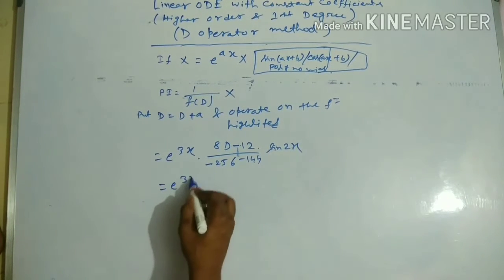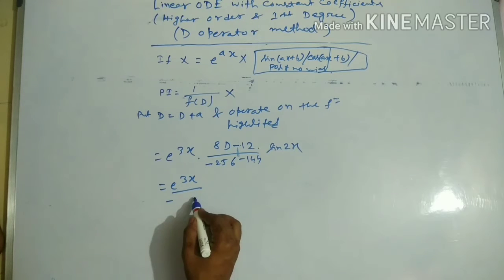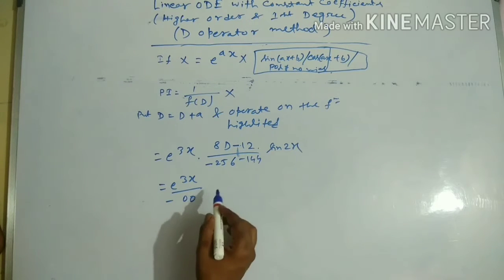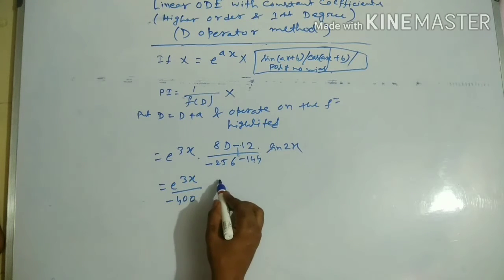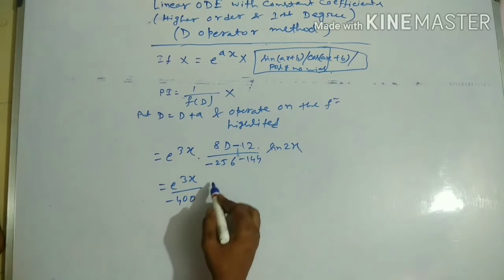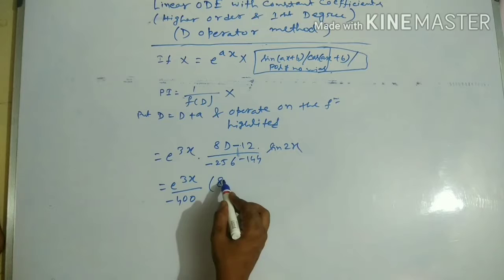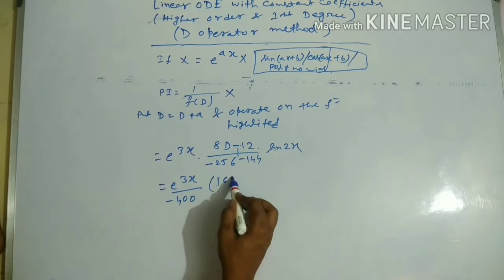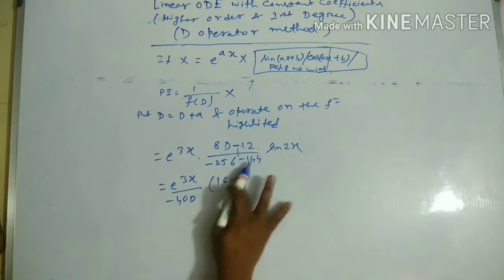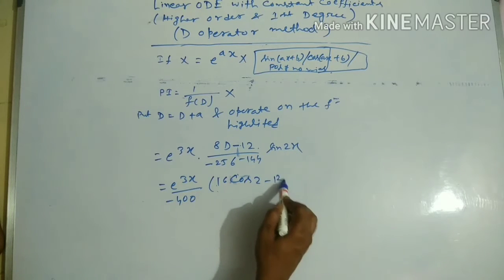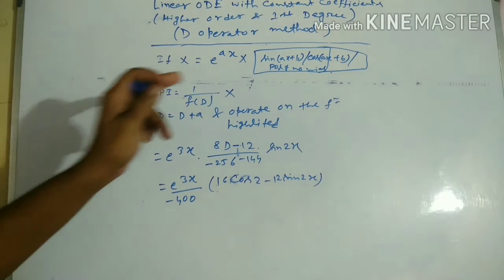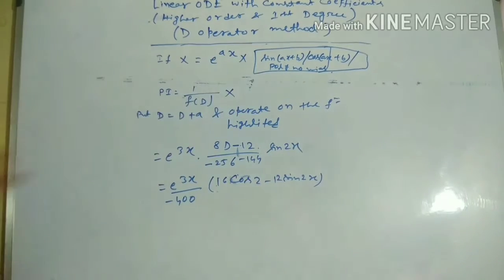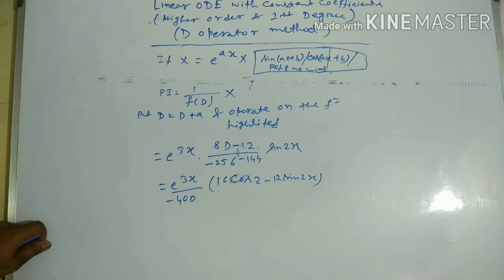So this will be e to the power 3x by minus 400, and 8D minus 12 will operate on sine 2x, so it will be 8 into differentiation of sine 2x, that is 2 cos 2x, so it will be 16 cos 2x minus 12 sine 2x. So this is our required particular integral. Now if in place of sine 2x it would be a polynomial, then we should apply the rule for polynomial, which I have discussed in a previous video.